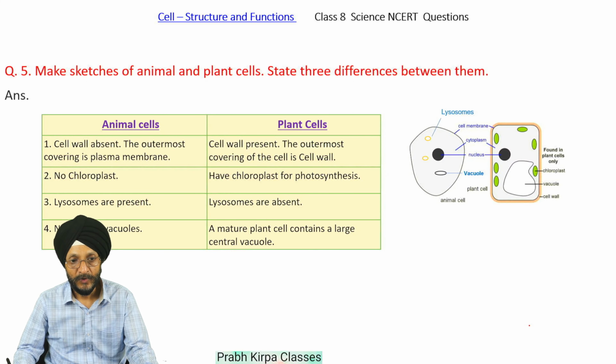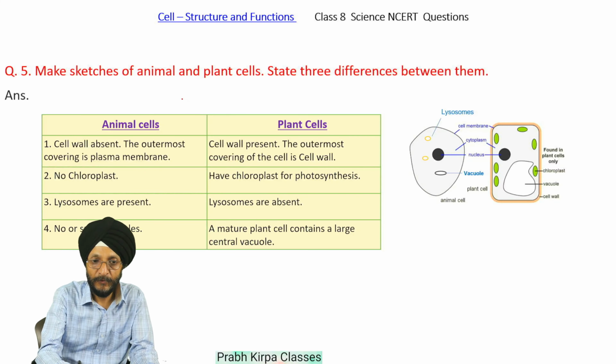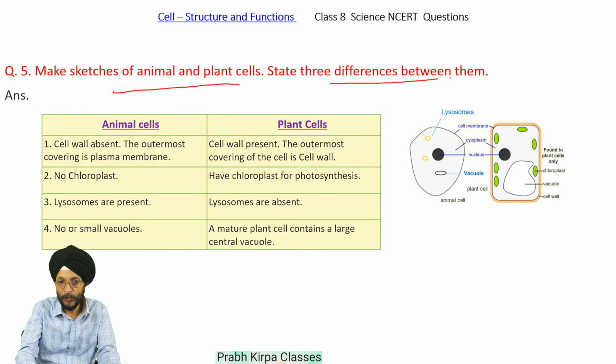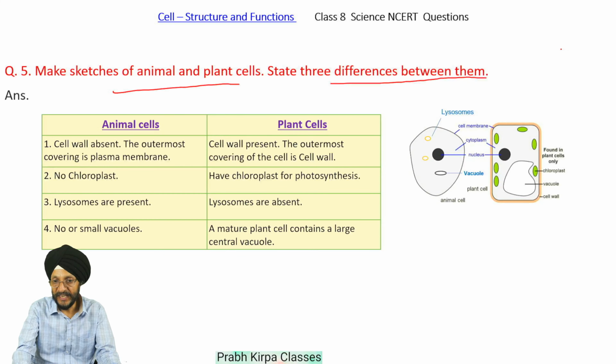Now we are to make the sketch of the animal and plant cell, and we are to write three differences between them. First is cell wall. Cell wall is absent in animal cells.